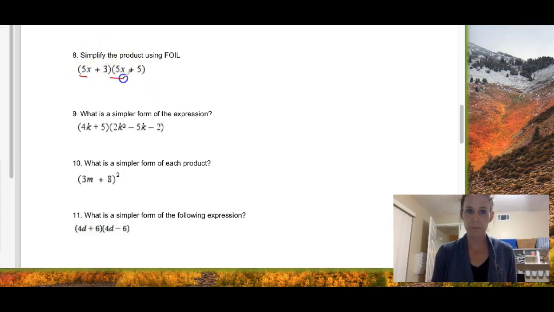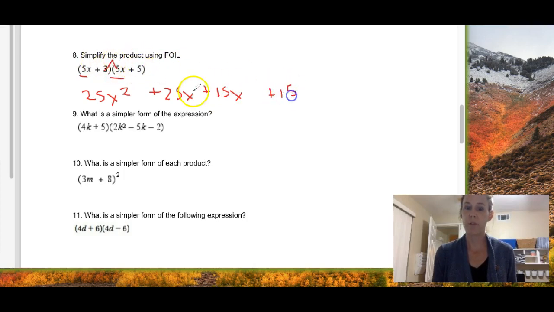First terms, 5x times 5x is 25x squared. Then your outer terms, 5x times 5 will be plus 25x. Then your inner terms, 3 times 5x will be 15x. And then your last terms, 3 times 5 will be 15.